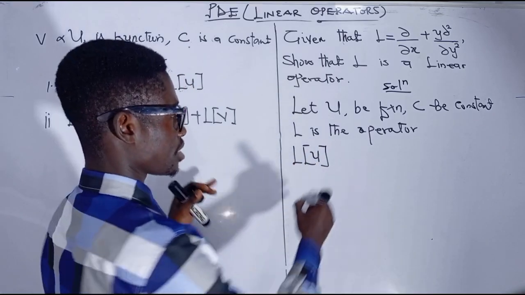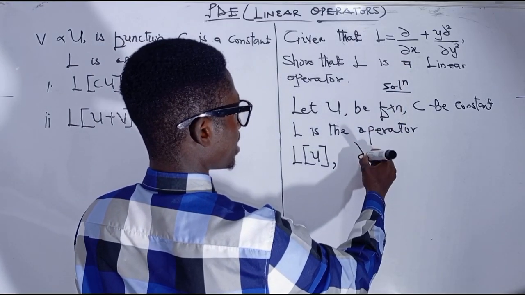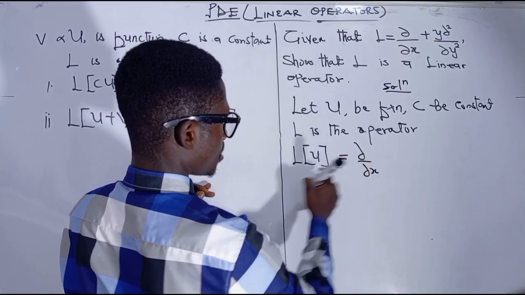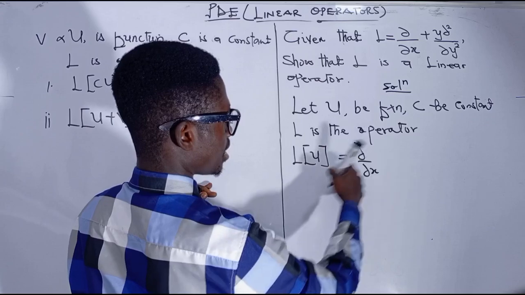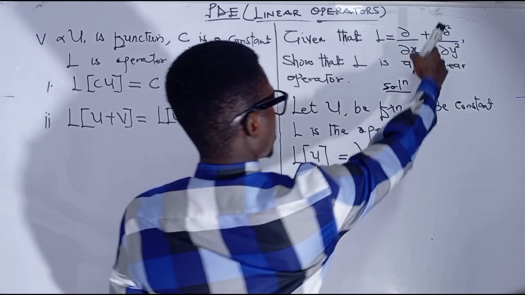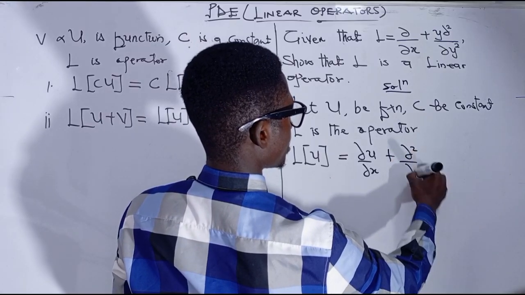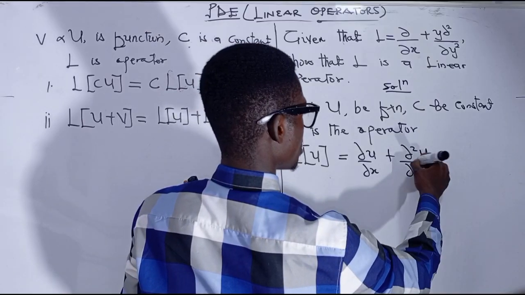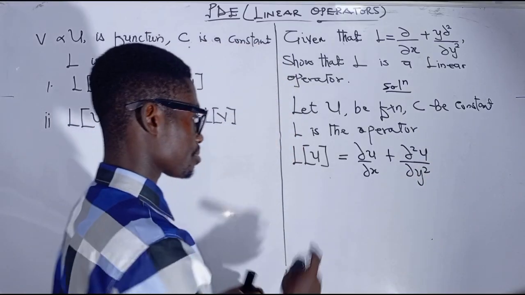So our operator is del x plus del square del y square. The operator operating on the function u, we are just going to attach the function to the operator. So L operating on u, we have this.